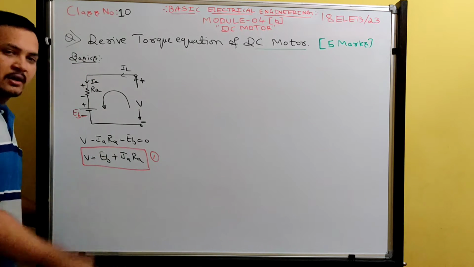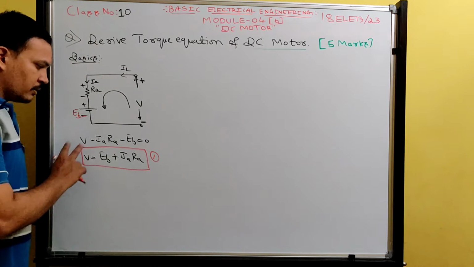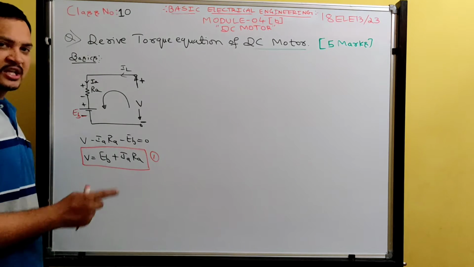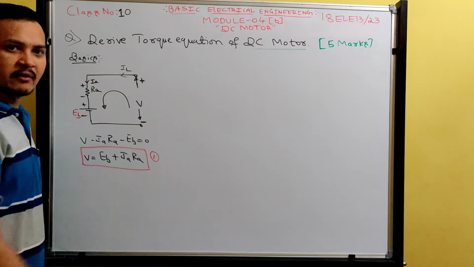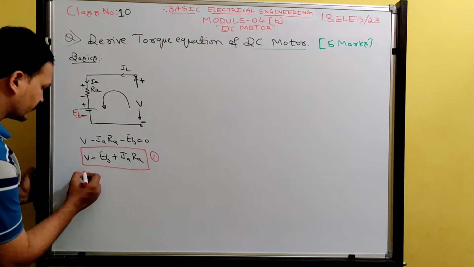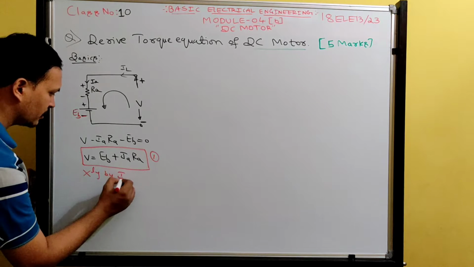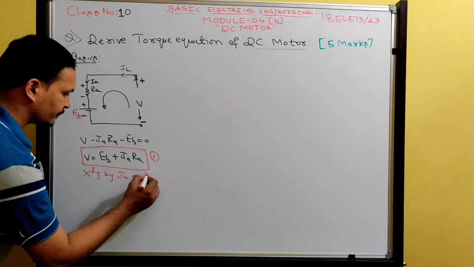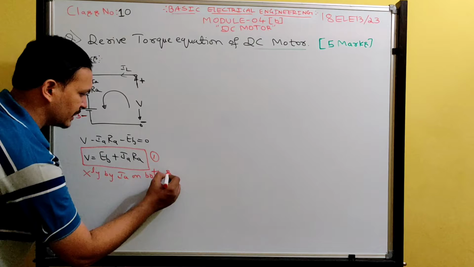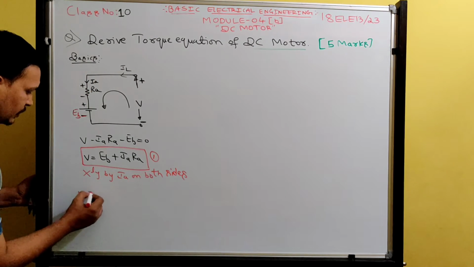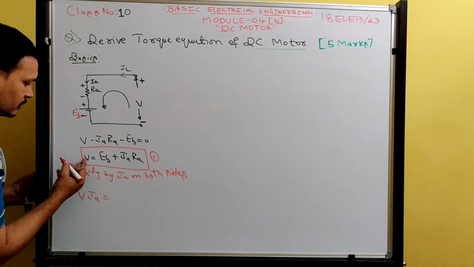Now for this equation, multiply both sides by the armature current. Multiply both sides by IA for equation 1. Then what do we get? V into IA on the left hand side.